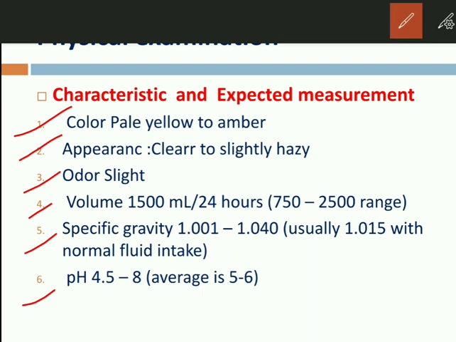The urine has a slight odor. The normal output of urine is 750 to 2500 ml per day. Then the specific gravity depends upon the normal fluid intake, and it usually ranges from 1.001 to 1.040. The pH is 4.5 to 8.